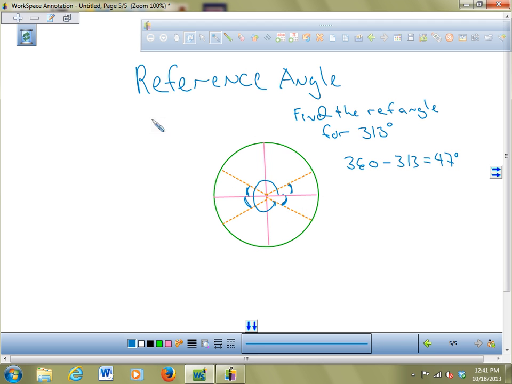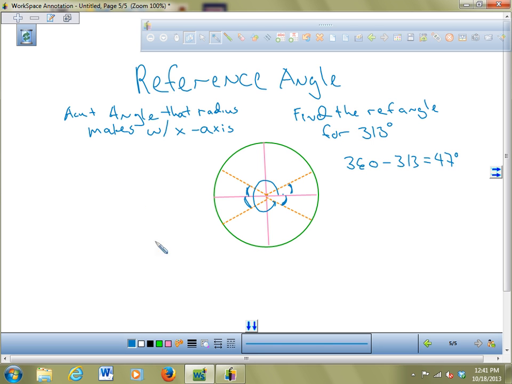It's the acute angle that the radius makes with the x-axis. So that's kind of a definition of the reference angle. I'll show you how to use that in a minute.